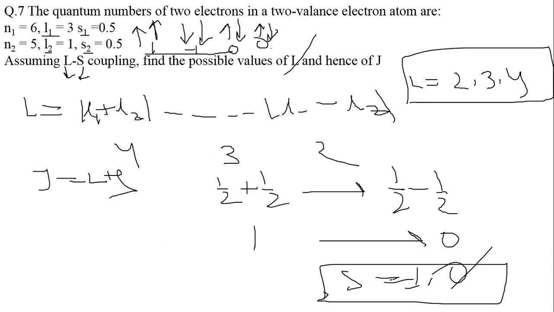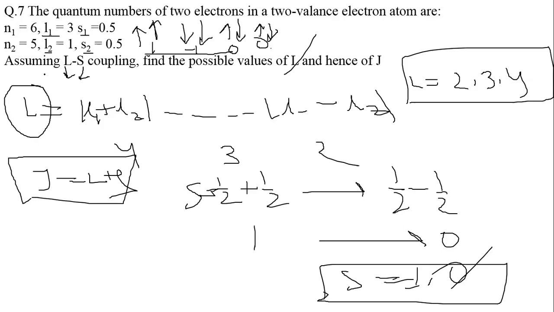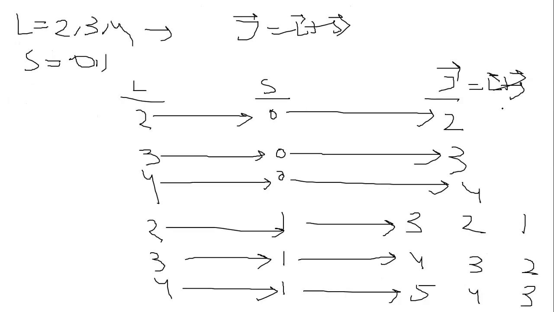Basically in LS coupling, first the individual angular momenta of the electrons get coupled to form the total orbital angular momentum L, and the individual spins, that is small s1 and small s2, also get coupled to form the total spin angular momentum S. After that this L and S get coupled to get the value of J, which is L plus S. So this is known as LS coupling. Due to LS coupling we get these different terms of J value.